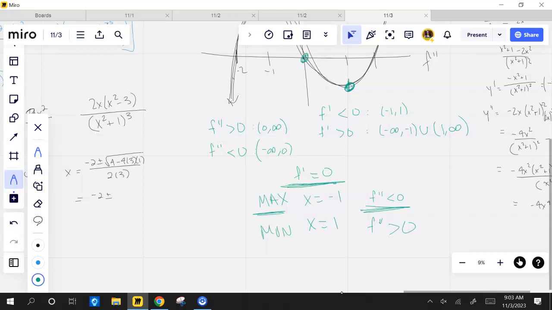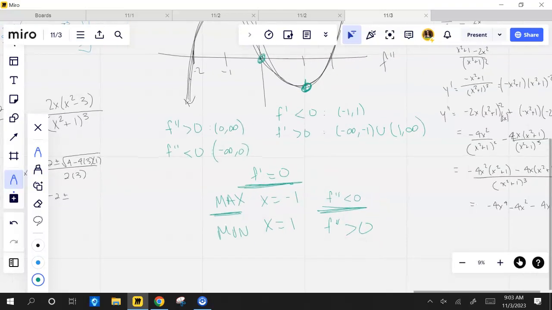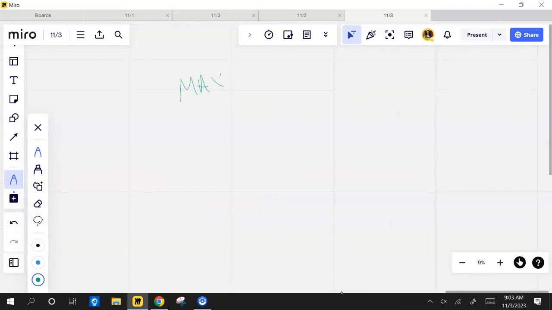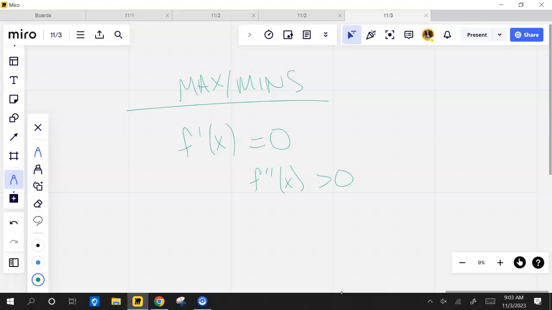So this is actually the second derivative test, or a corollary to it. I'm going to come over here and write this for you because this is really important. Your maxes and mins occur when the derivative equals 0, and at that point, if the second derivative is positive, meaning I'm concave up and my first derivative is 0, this is a minimum.